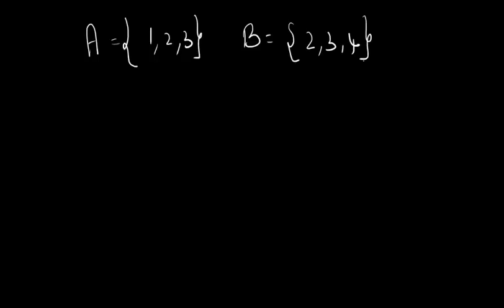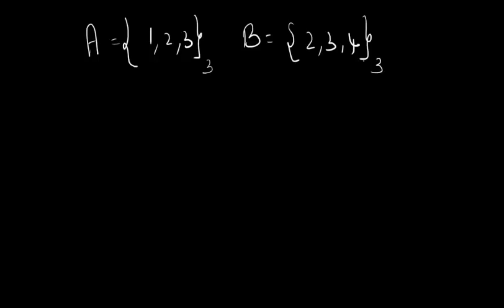Now obviously this has 3 elements and this has 3 elements, so A cross B is going to have 9 elements. We know that we can define 2 to the power of 9 relations from A to B, isn't it? That's basically the number of subsets that I can have from A cross B.